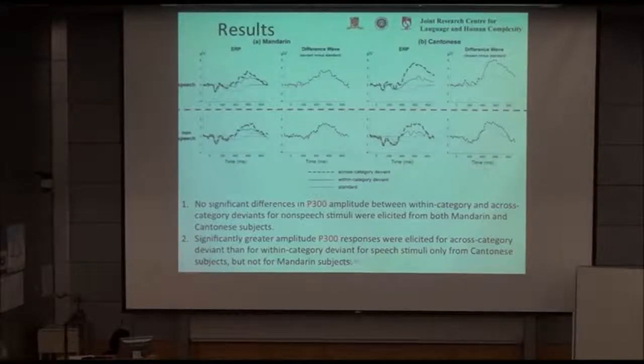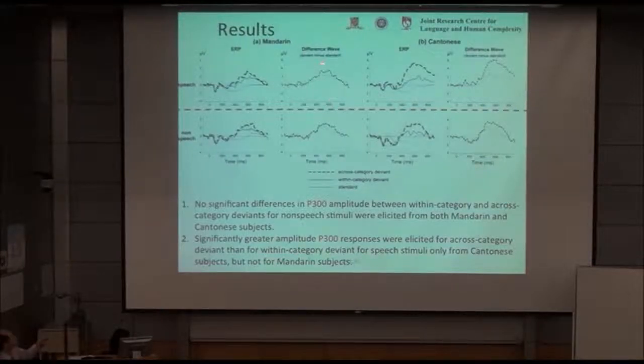In order to look at the result more clearly, we use the difference wave here. This solid line is the difference wave between the within category deviant versus the standard.